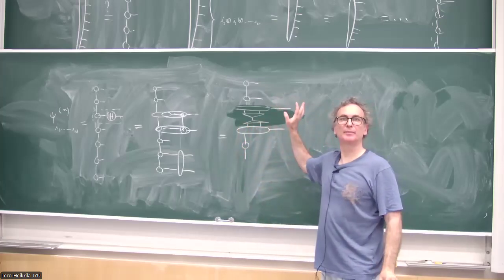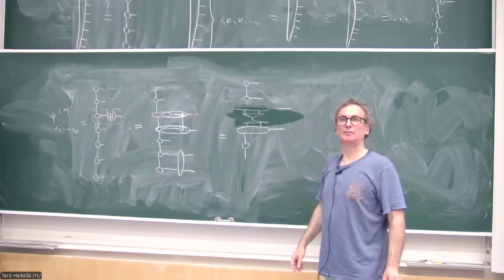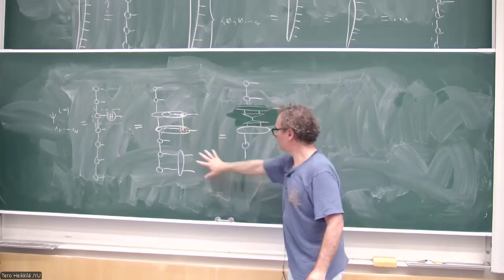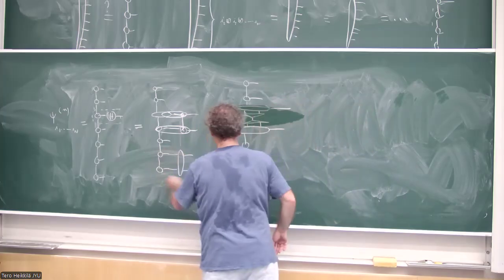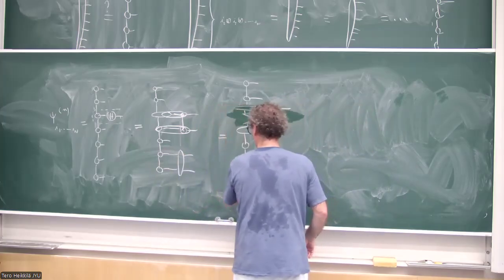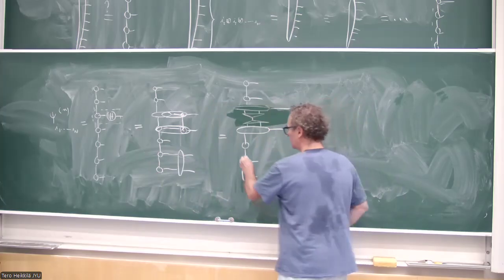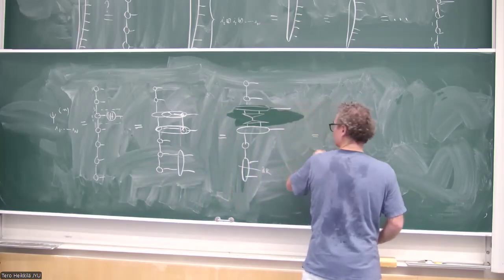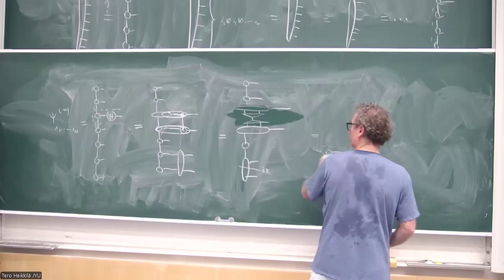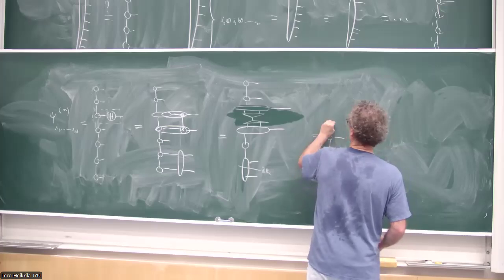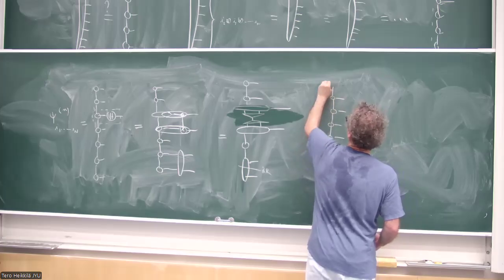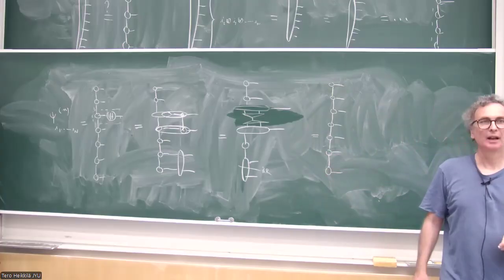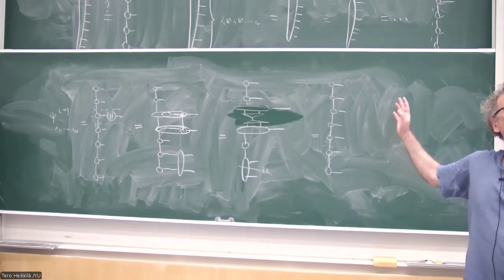I am back to an MPS. I could do that because the control-NOT was already factorized. But if you do it here, you contract this whole thing, and you get something like that. Now you group this and this together, and you do a QR. And you're back. You have factorized your thing back to MPS. So it works with an arbitrary 2-qubit gate. That's it. We know how to do 1-qubit gates and 2-qubit gates.